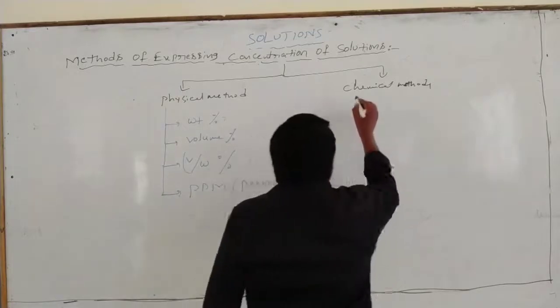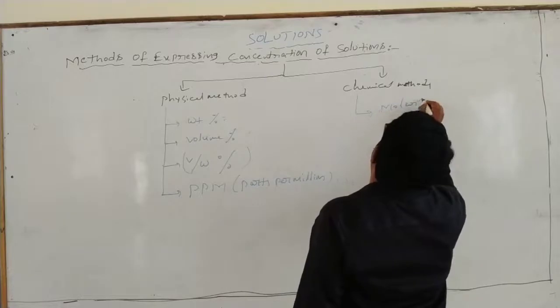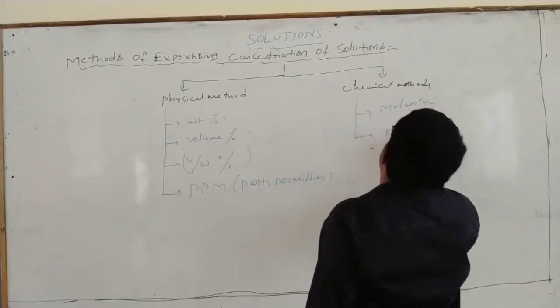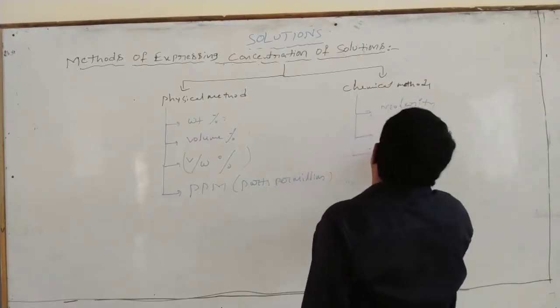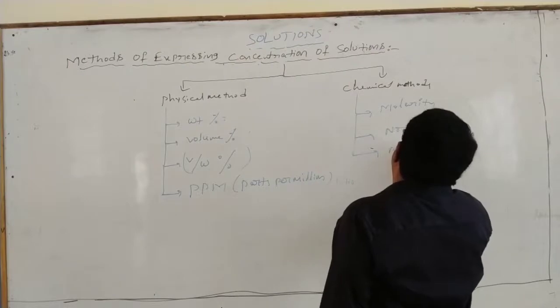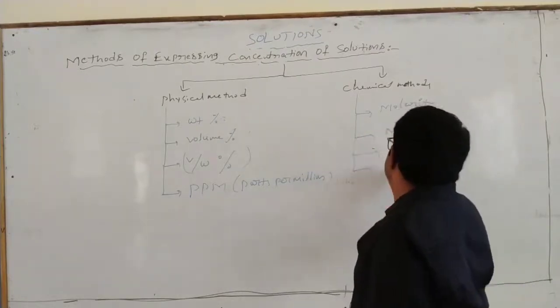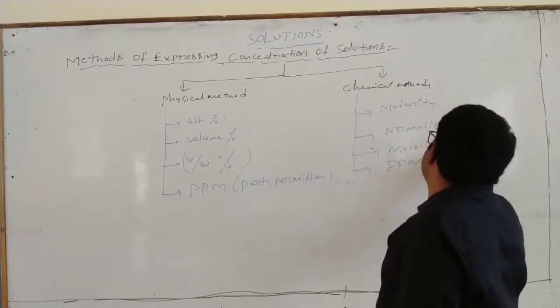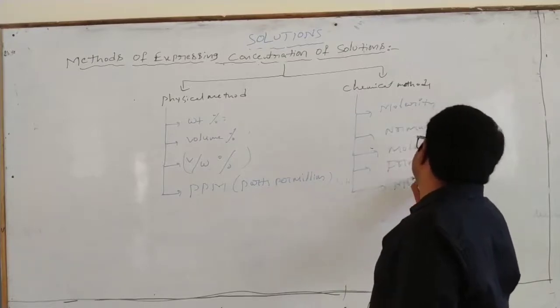Chemical methods: first one is molarity, second one is normality, third one is molality, fourth one is formality, and fifth one is mole fraction.